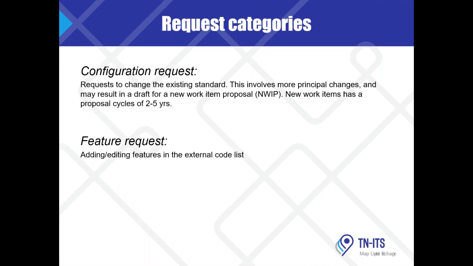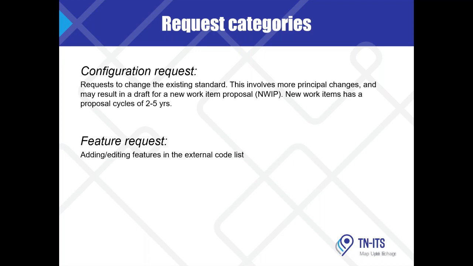If it's a request that needs to be escalated to a bigger scale, we discuss this in the TNITS board. If it's a simple feature request, it can be easily added into the external code list.